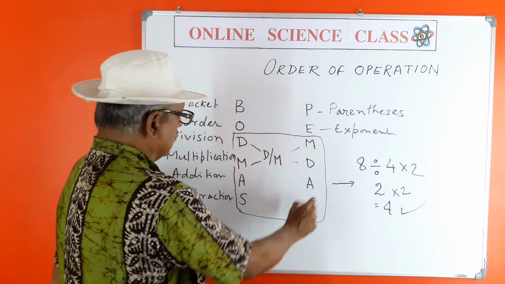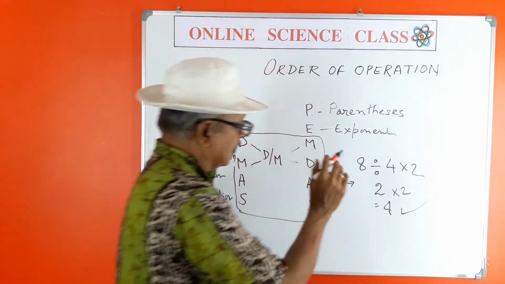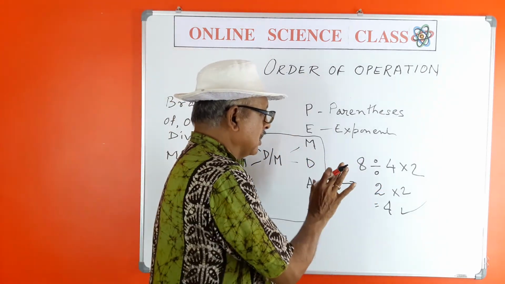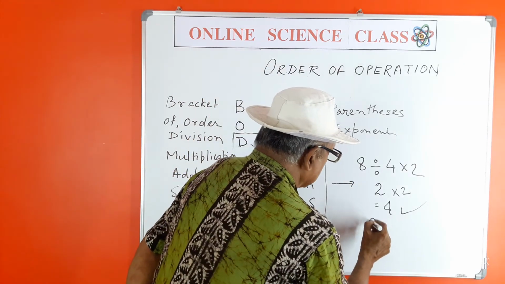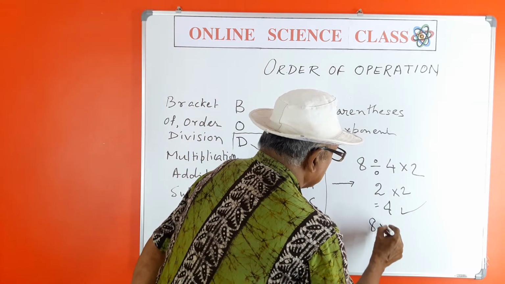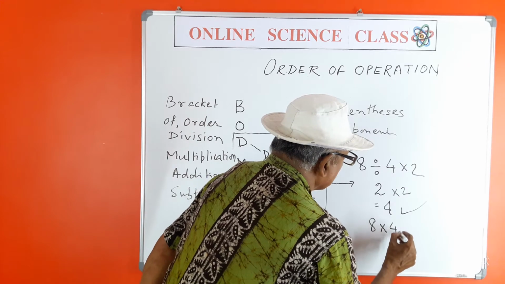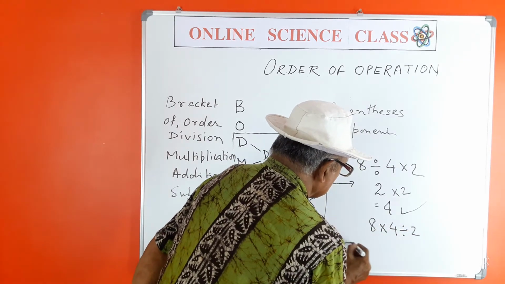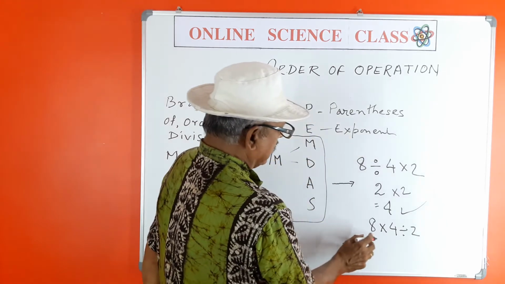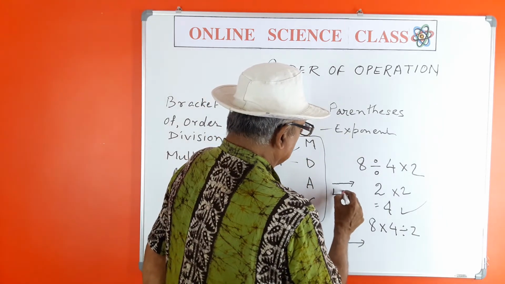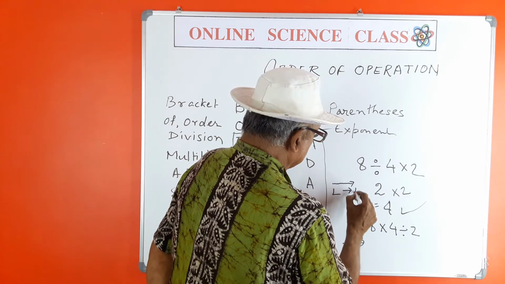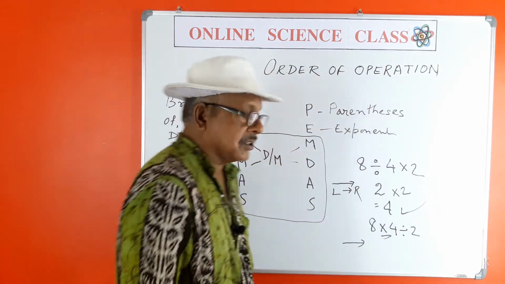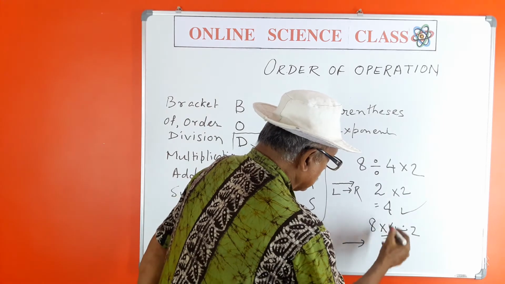For this area, especially for multiplication and division, which one comes first? Say if it were 8 multiplied by 4 divided by 2. So looking from left to right, this operation is coming first. So we have to do this operation first.